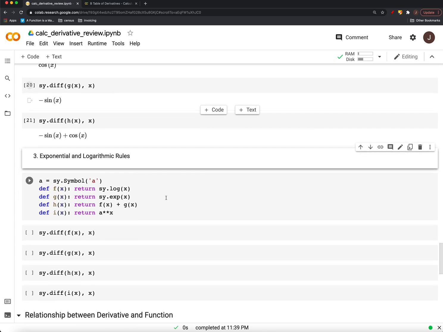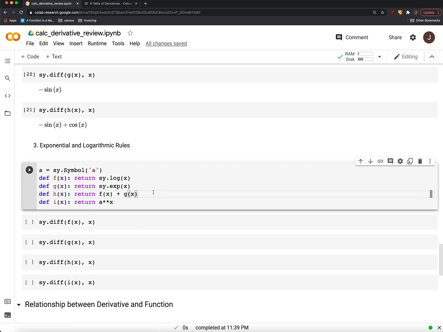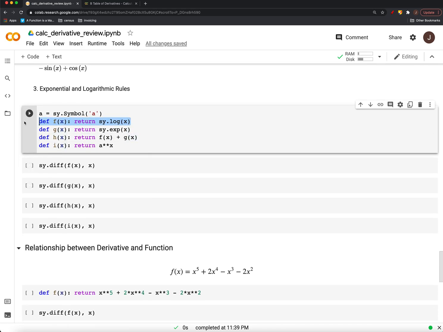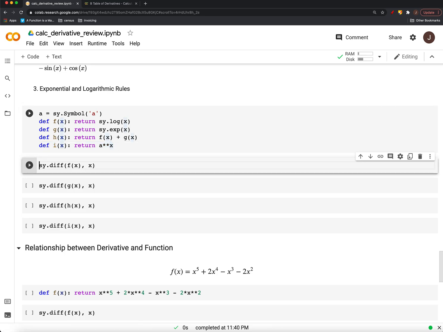Last kind of functions we're interested in for now are exponential and logarithmic functions. So this is our natural log, this is e to the x, the sum of them, and then actually instead of just e to the x, more generally any base a to the power x as an exponential function.